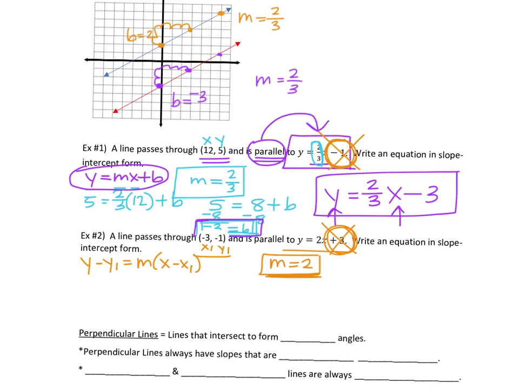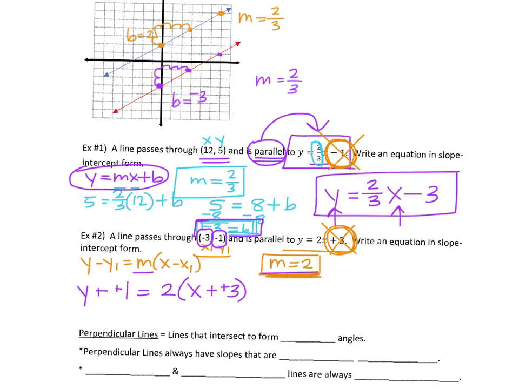So in this situation, we're going to plug in y minus what? -1. Y minus a -1, so it's plus a positive 1, equals, what's m? 2 times x minus a -3, which is plus a positive 3.